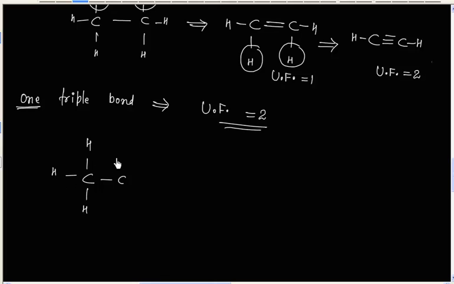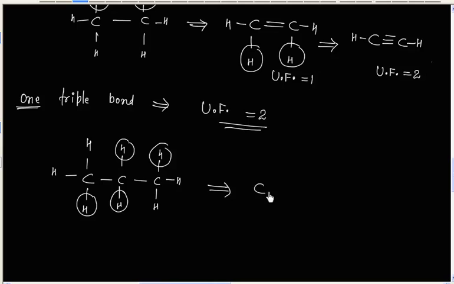Now let us consider this compound. I can remove one hydrogen to get a double bond between these two carbons. We can also remove this hydrogen and this hydrogen to get a double bond between these two carbons. So we have basically removed this hydrogen also.